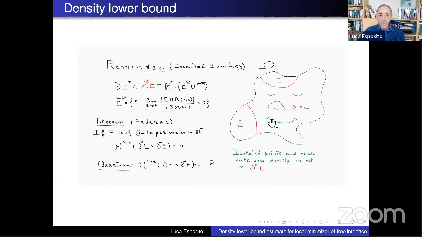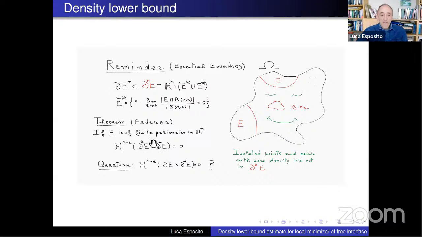These green parts are not in the essential boundary, because these green parts, for example isolated points and points with zero density with respect to E, are not in the essential boundary, because they have zero density.